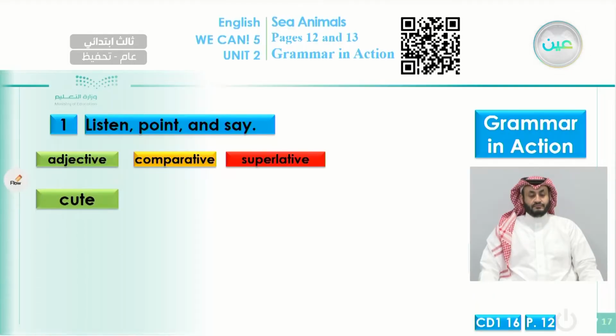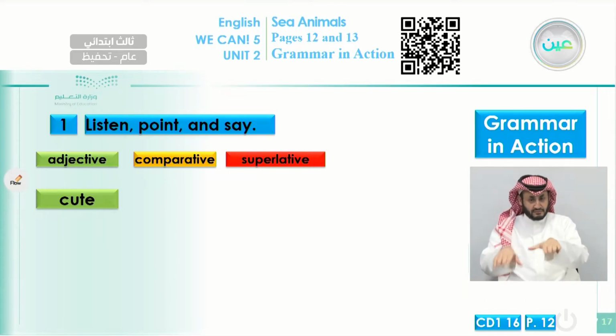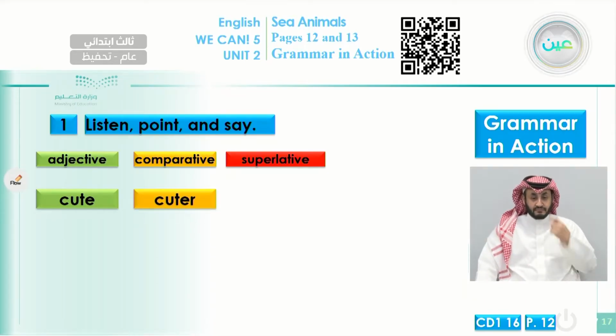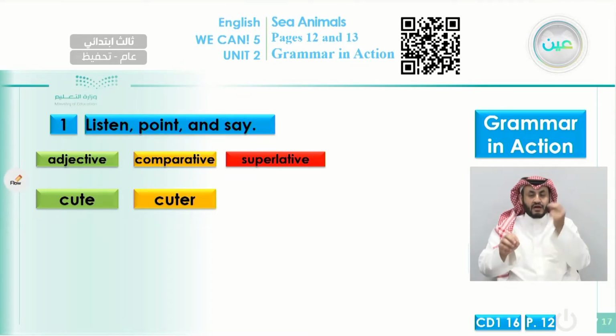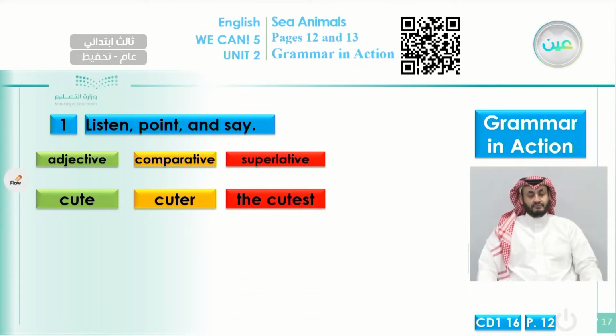Like here in the first adjective, cute. This is an adjective, and if you want to use it to compare two things, you can say cuter, cuter than. And for the superlative, you can use the cutest. Here you add est. In the first one we added er, and for the superlative we add est, but the superlative form should be preceded by the. You have to be careful about that.